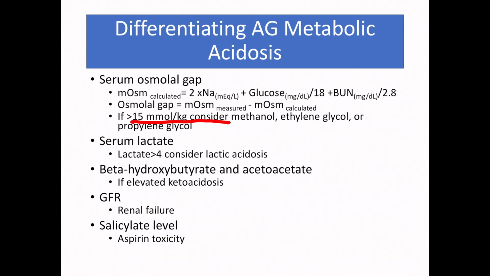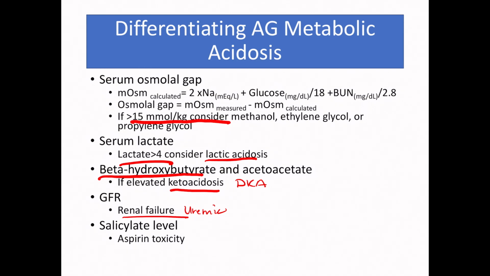Versus, if you see that you have a high serum lactate, you can consider lactic acidosis. If you have a high beta-hydroxybutyrate, it's usually diabetic ketoacidosis or a type of ketoacidosis. For our purposes, DKA is amongst the most common. Having low GFR means that you probably have a renal failure caused due to uremia. And then finally, having a high salicylic level would tell you that you have aspirin toxicity.